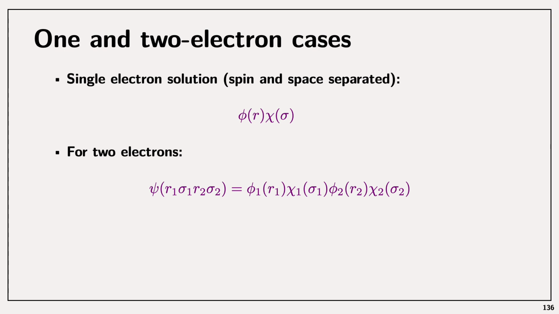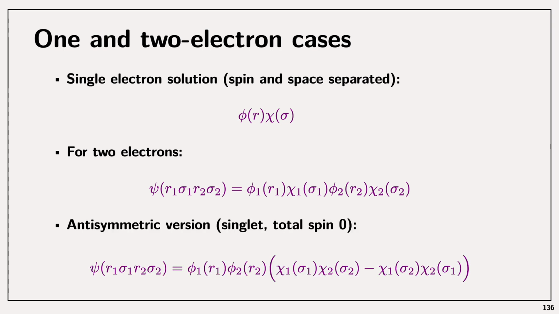So we need to anti-symmetrize this to obey Pauli's principle. And we, for example, have this solution here, which is exactly the one we looked at last week, in last lecture, where the spin part is anti-symmetric and the real space part is symmetric. Therefore, the total wave function is anti-symmetric, which is a good trial wave function since it obeys the constraint.